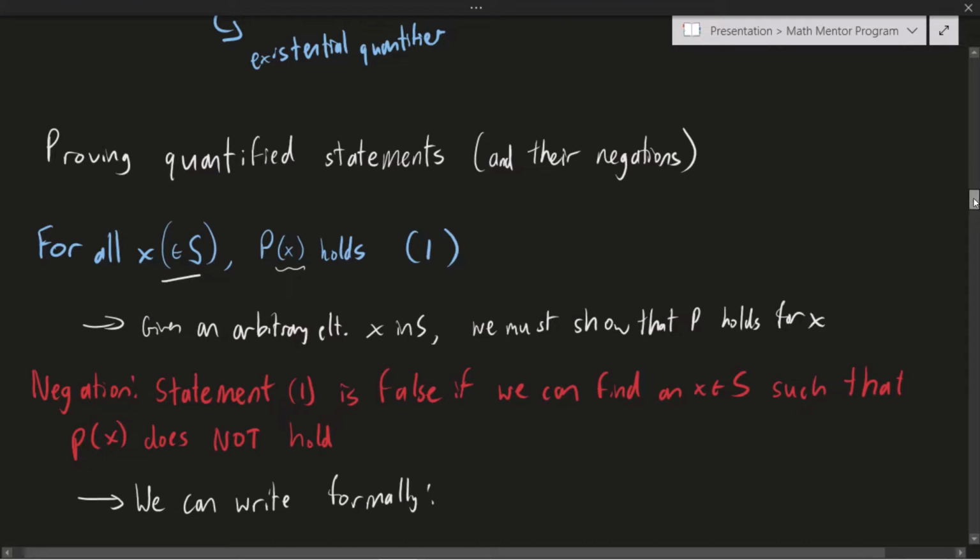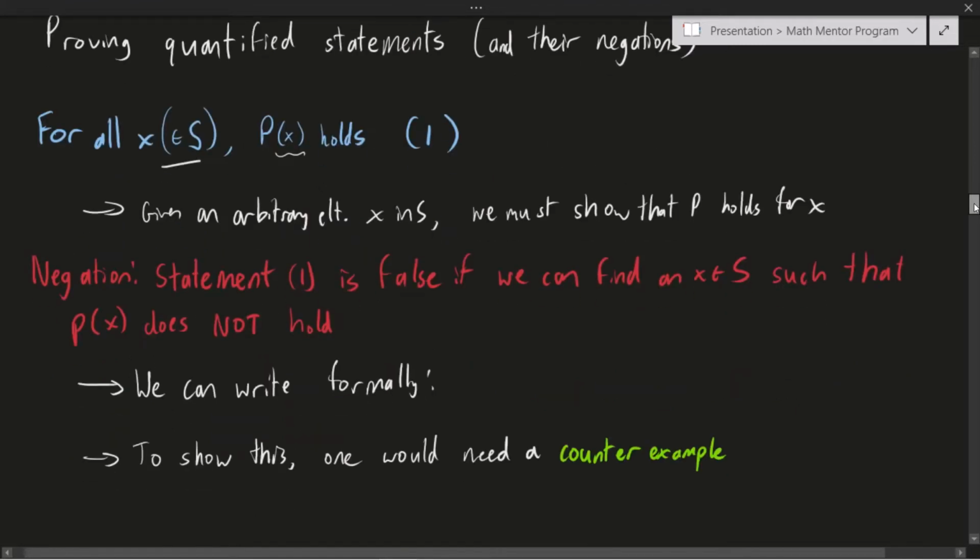It's also important to think about how we would negate this, because we often do proofs by contradiction. So if statement 1 here is false, that means we can find some x in S such that P does not hold for that x. We can write that formally as there exists an x such that P of x does not hold.